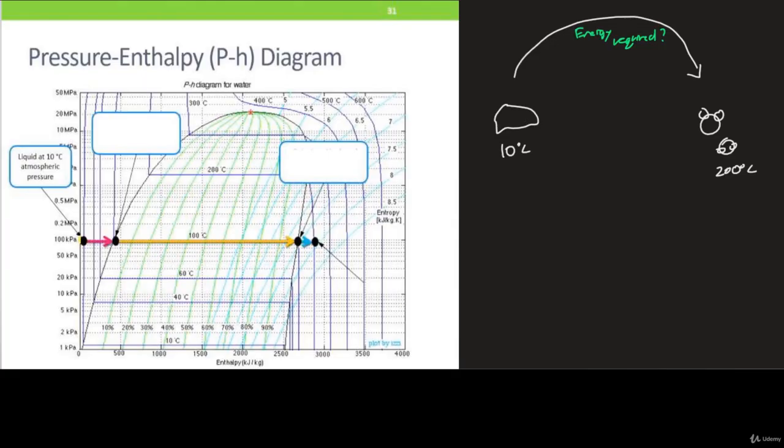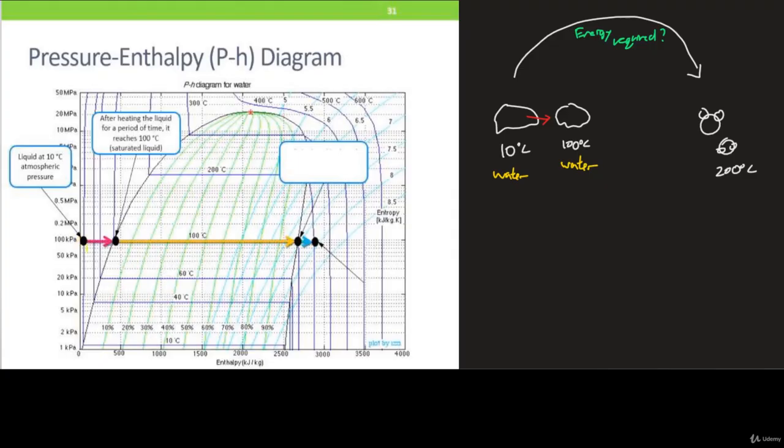At 10 degrees Celsius, you start to heat up the water. Slowly, the temperature will start to increase until it becomes 100 degrees Celsius water. So when you heat up from 10 degrees Celsius, the temperature will increase, and it is represented by this pink color line over here.